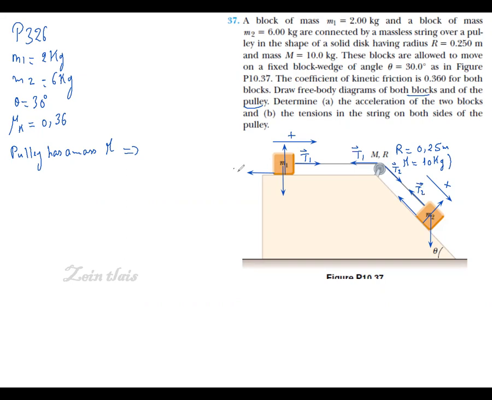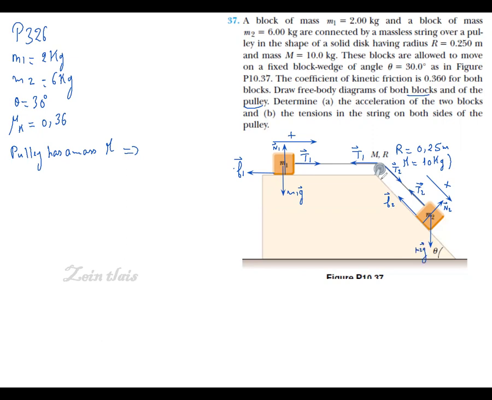Here we have F1, N1, M1G. Here we have F2, N2, M2G.